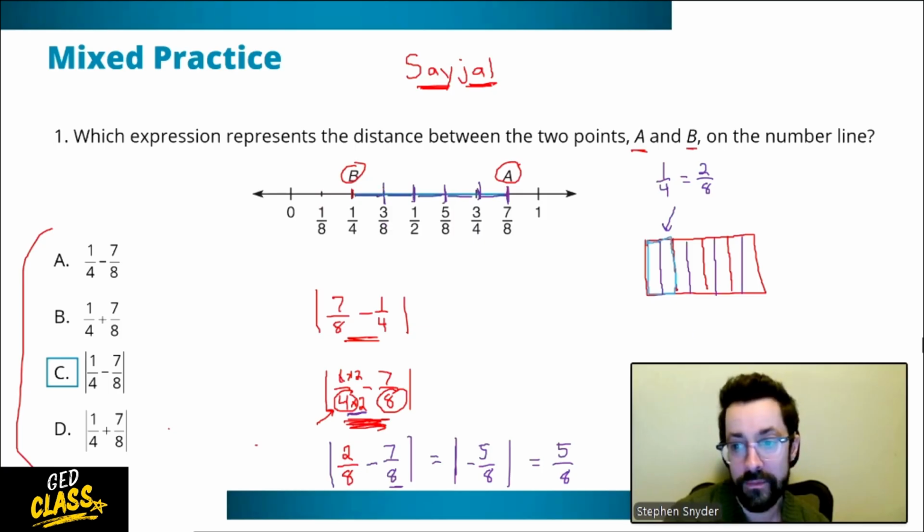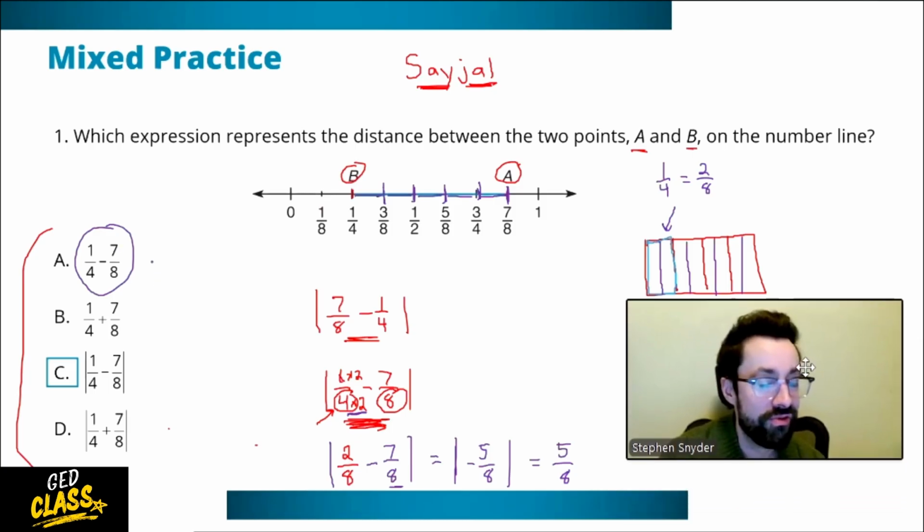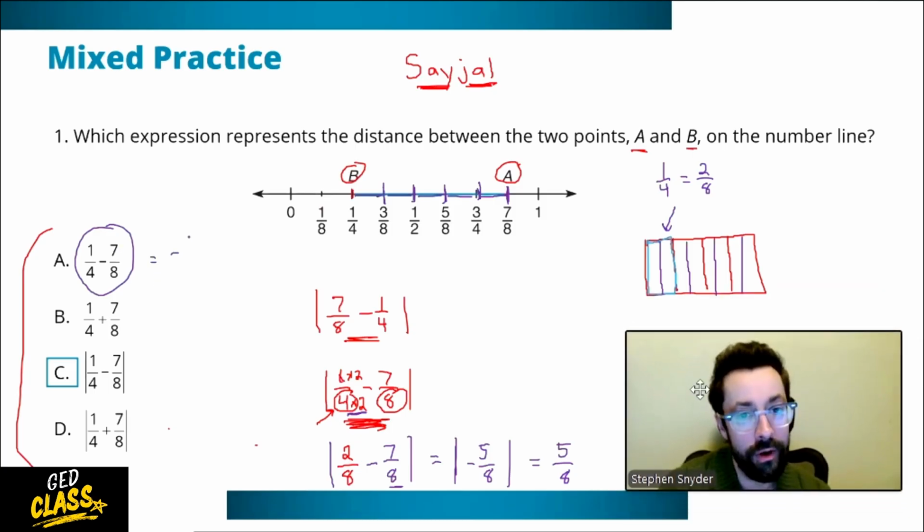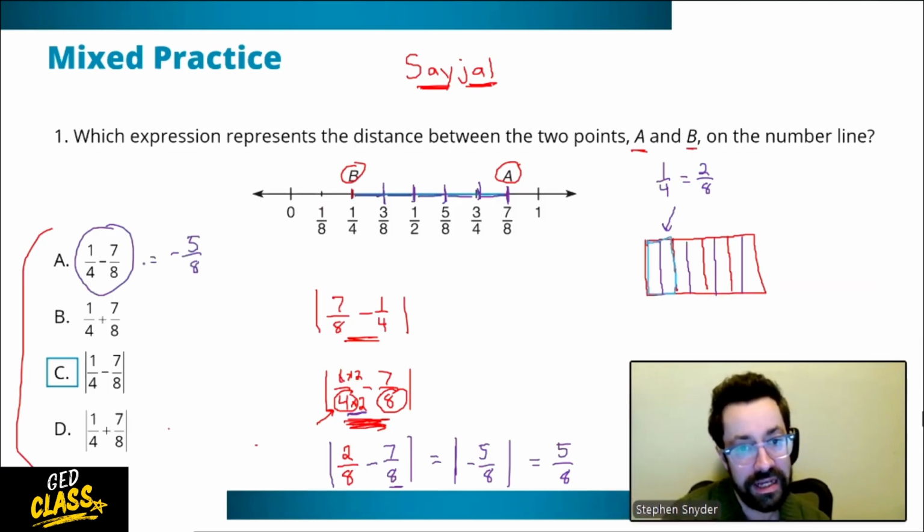And that's the reason why, for example, this doesn't work, because this would give us a negative 5/8. Now we know, okay, I take the absolute value of it, it's fine, but they don't put the absolute value symbols. We can't add them, because if we add 2/8 plus 7/8, how many eighths do we have in that case?